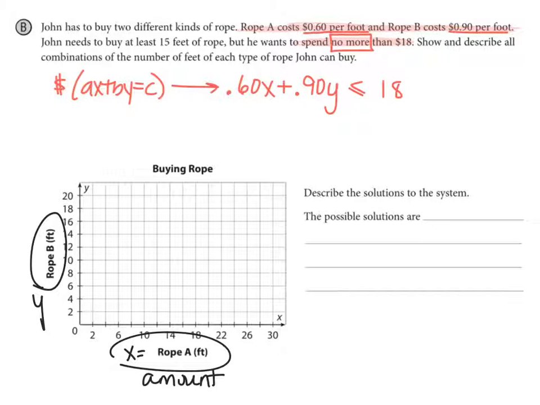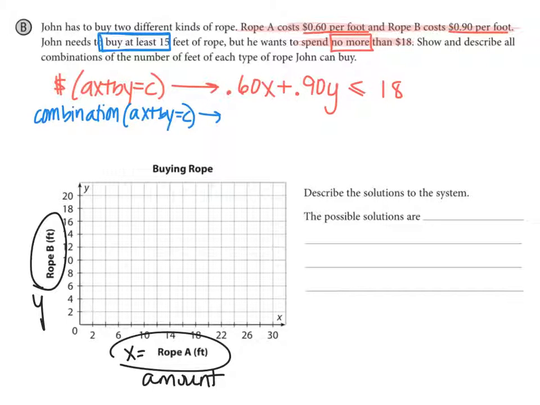It says John needs to buy at least 15 feet of rope. That's another total. If it's a value that stands by itself, we're going to be in standard form again. So maybe this time we can label this as the combination. Maybe that's a better way to say it. So my combination is again going to be standard form.